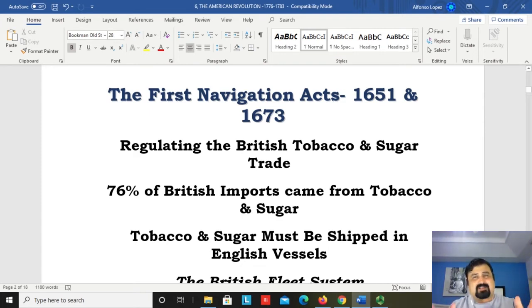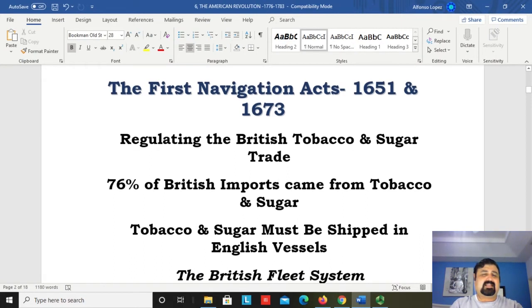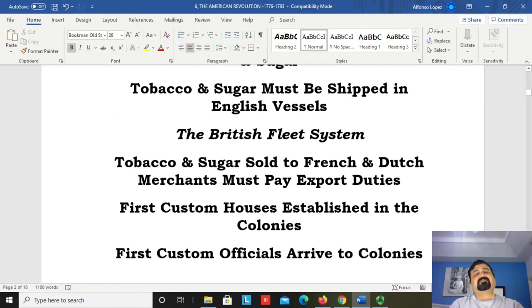Well, those Navigation Acts of 1651 and 1673 stipulated that tobacco and sugar had to be shipped to the mother country, but it had to be shipped in special ships, in special vessels, in special cargo ships that the British are going to craft.